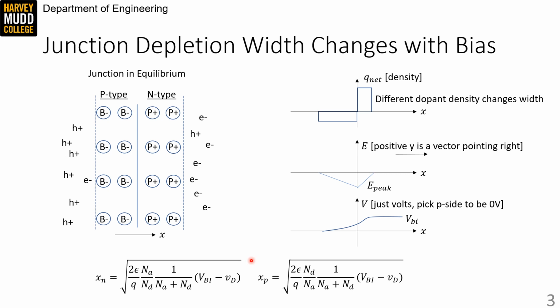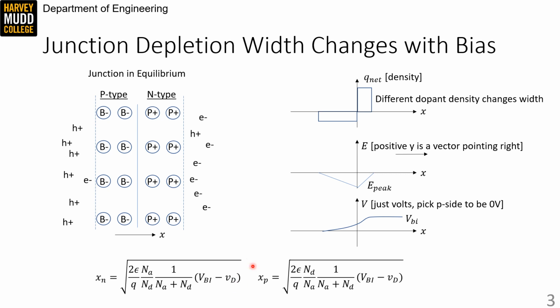It expresses those in terms of Na, the number of acceptors, which is the number of dopants in the P-type region, Nd, the number of donors, which is the number of dopants in the N-type region, the permittivity of silicon, epsilon, the charge of an electron, Q, the built-in voltage, and the voltage applied to the junction, Vd.